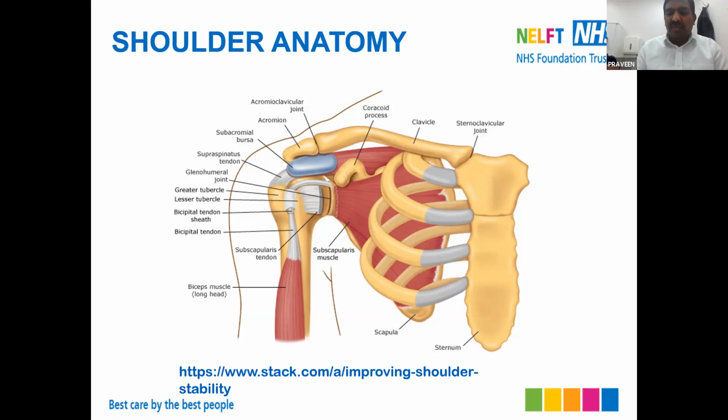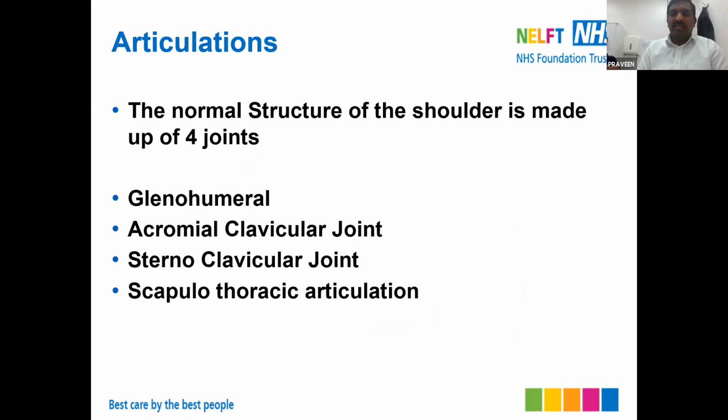So in terms of the articulations, as I told you, we will be looking primarily at the glenohumeral and acromioclavicular joint and look at the structures around it and where the pain could be emanating from.